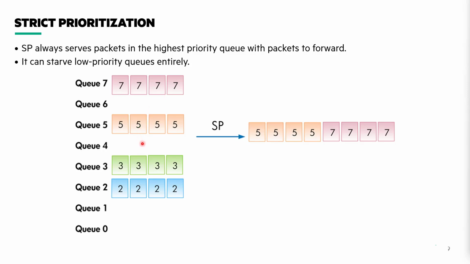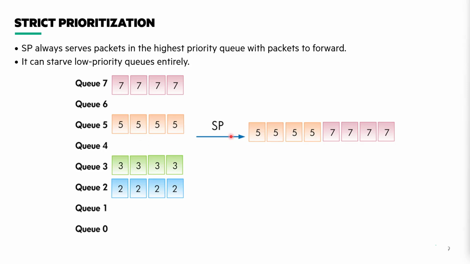Remember, the queue is something logical, and of course there are many details which we don't cover here, but the queue is something logical on the interface, and normally each bunch of interfaces shares one ASIC, and any group of interfaces, again depending on the hardware or the model, will have a shared buffer. So normally they will buffer ingress and egress, and after which they will serve the queue.